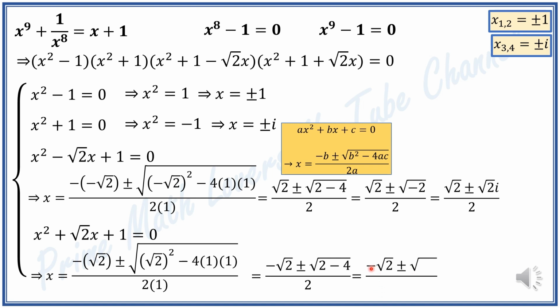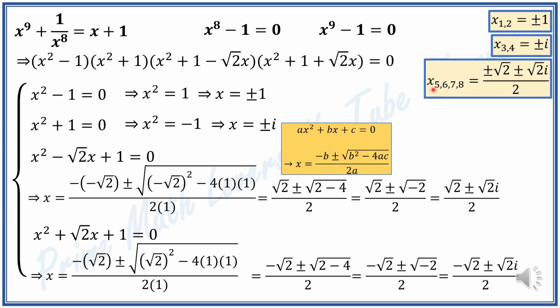So I'll get minus square root of 2 plus or minus square root of negative 2, over 2. And square root of negative 2 will be square root of 2 i. And we'll get minus square root of 2 plus or minus square root of 2 times i, divided by 2. So 2 roots here. We have 4 more roots. Roots 5, 6, 7, and 8 are equal to plus or minus square root of 2 plus or minus square root of 2 times i, divided by 2.